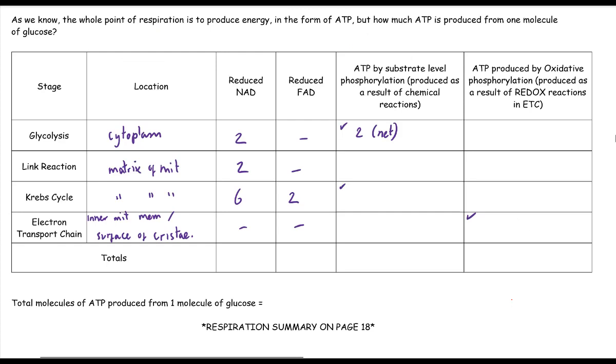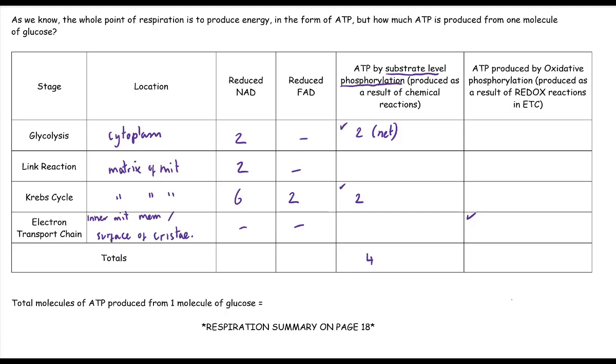So we've got a net gain of 2 ATP. Then in the Krebs cycle, we were able to make 1 per pyruvate, so therefore we made 2 overall. So altogether, we made 4 ATP by substrate level phosphorylation.